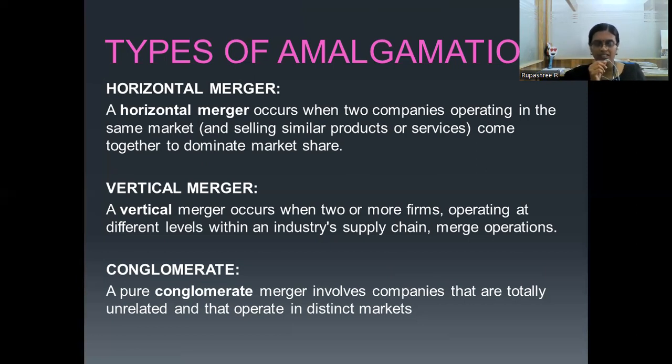When such companies combine together, we call it a conglomerate merger. For example, let's take a company that is into clothing and apparel and a company that is into steel manufacturing. When these two companies combine with each other and try to find a synergic effect out of that, we call such mergers or amalgamations conglomerate in nature.